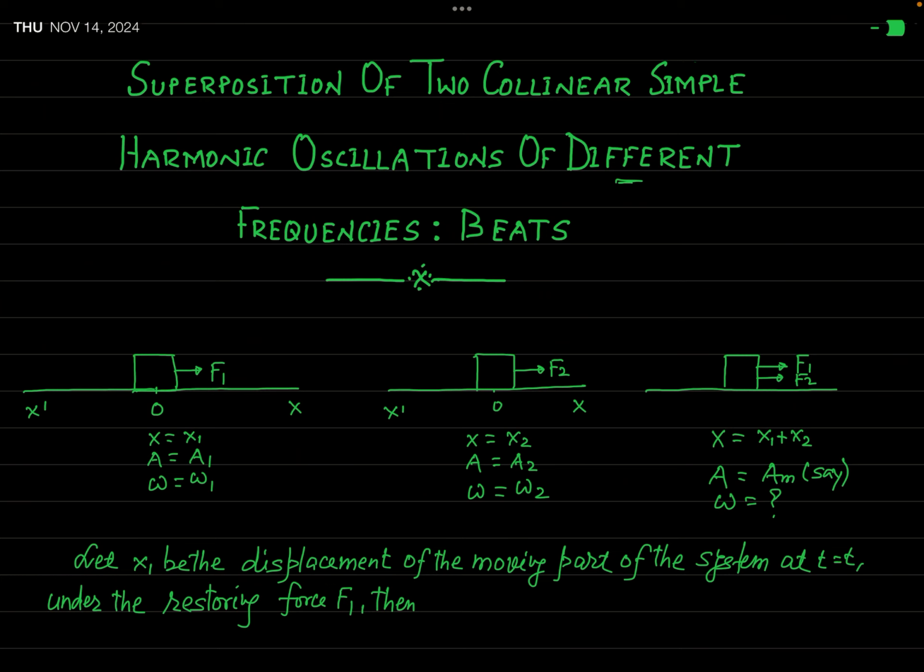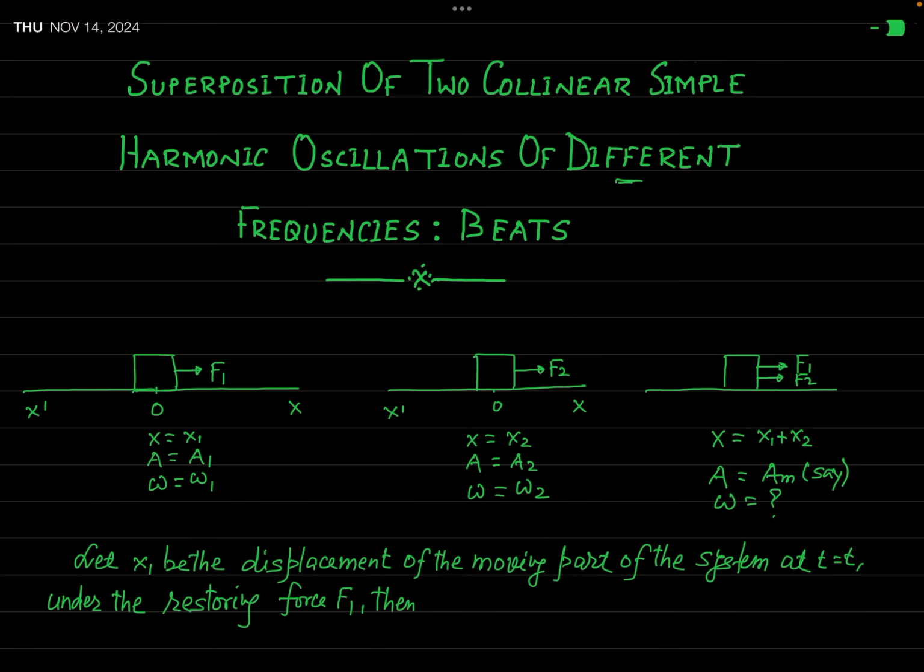But whenever the difference in frequencies of the two simple harmonic oscillations is not very large, it means the frequencies of the superposed oscillations are almost equal, then you will see this phenomenon of beats occurs. Okay? So now let us analyze this problem of superposition of two collinear simple harmonic oscillations of different frequencies.